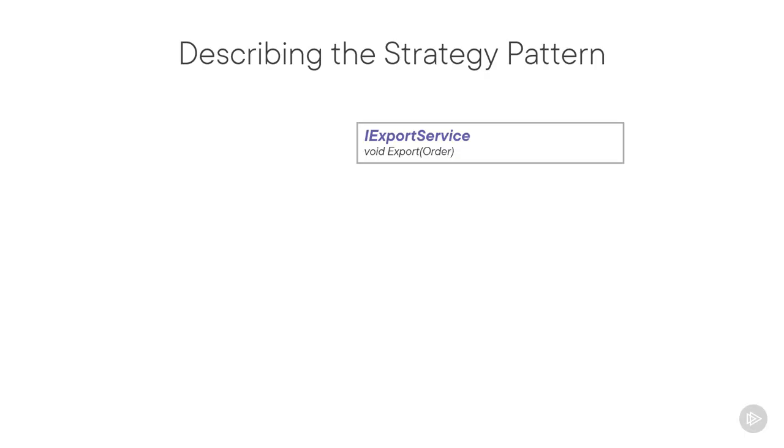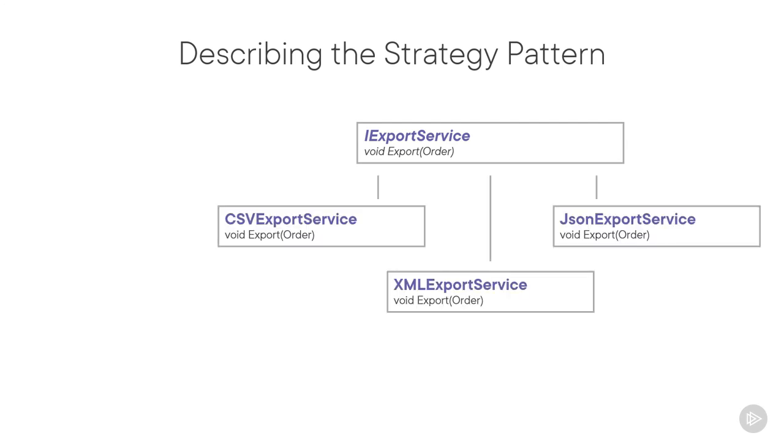The first thing we'll do is declare an interface, IExportService. This declares one method, export, which accepts the thing to export, the order in our case. Our 3 or potentially more export services now become implementations of this interface. CSV export service, JSON export service, and XML export service.